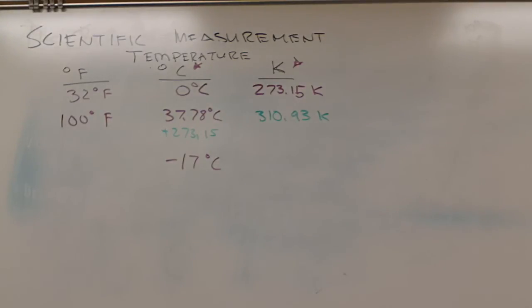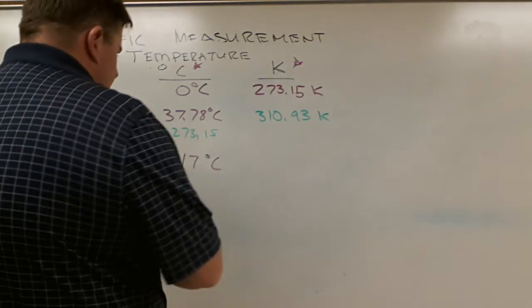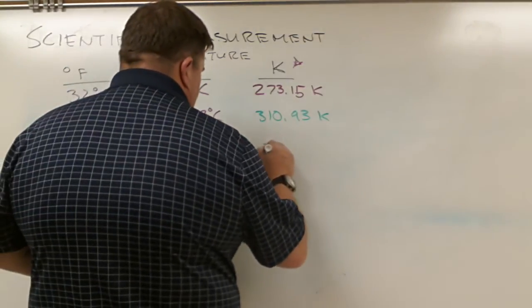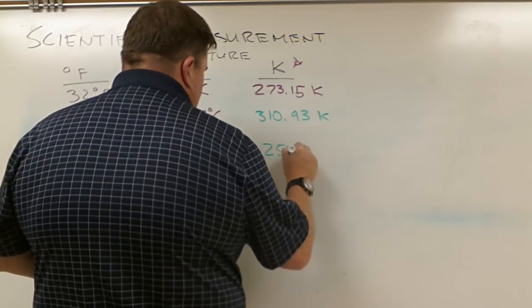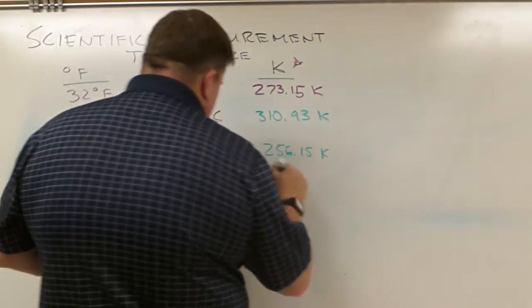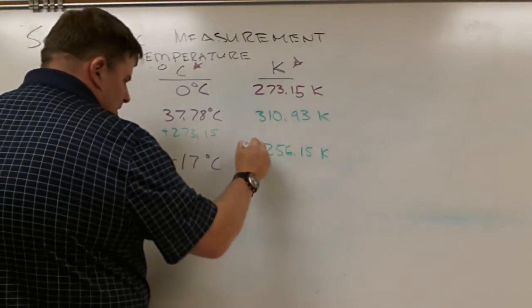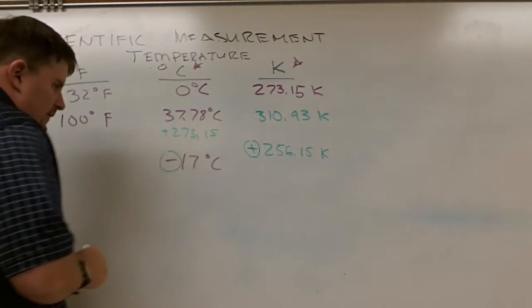My kelvins at this point, if I take 273.15 and subtract 17, are 256.15. I want to point this out: the big difference here is that this is a positive term and that's a negative term.